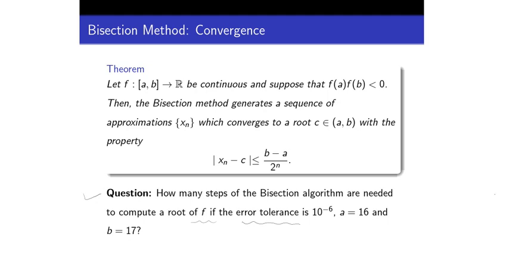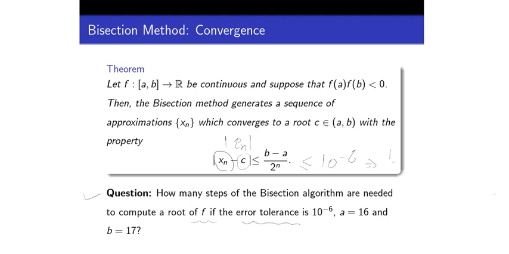The error is nothing but the difference between the approximate root and the exact root, so we want mod e_n less than or equal to 10 to the power minus 6. Since a and b are given, 1 by 2 to the power n is less than or equal to 10 to the power minus 6.